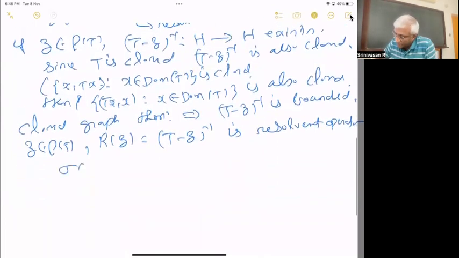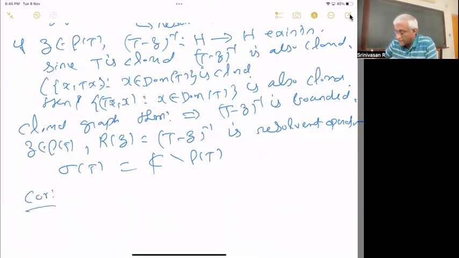Then sigma of T is just the complement of rho. So the corollary of the earlier theorem is: T equal to T star. Of course, it's closed, so we can talk about the resolvent. Then sigma of T is contained in the real line.